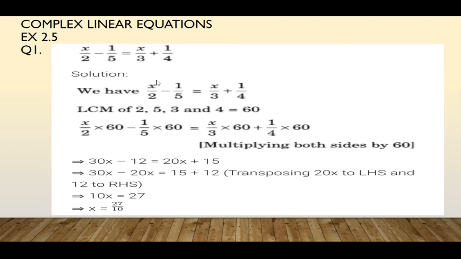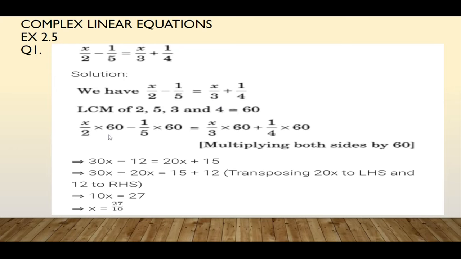What we are doing here is taking the LCM of all the four numbers given in the denominator: 2, 5, 3 and 4. The LCM comes out to be 60. We'll multiply this LCM with each term.